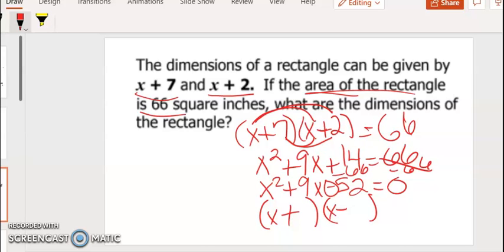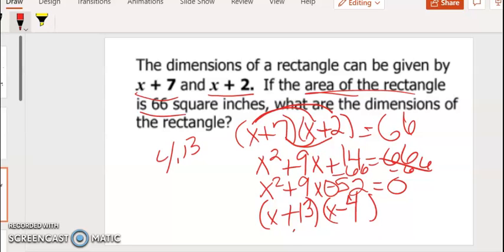I believe 4 will. And 4 times 13 is 52. And if we subtract 4 from 13, we get 9, okay? So we need a positive 9. So our big number, 13, is going to be positive. Our little number is going to be negative.